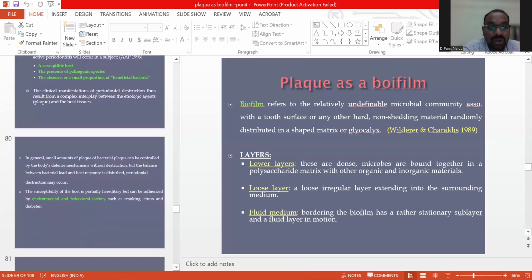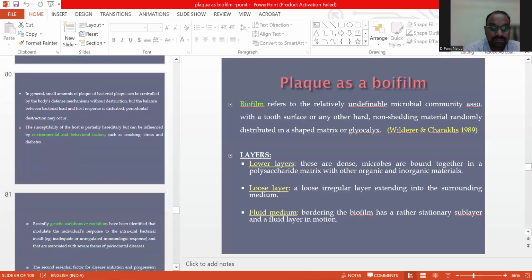A small amount of bacterial plaque can be controlled by the body's defense mechanisms without destruction, but when the balance between the bacterial load and host response is disturbed, it leads to periodontal destruction. The susceptibility of the host is partially hereditary, and can be influenced by environmental and behavioral factors such as smoking, stress, and diabetes.